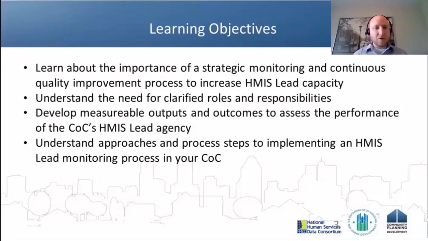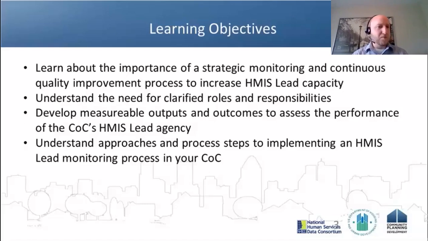So we want to think through what the HMIS lead's role is to support the capacity of all of their partner stakeholders. We also want to talk about the need for clarified roles and responsibilities. We know that a lot of HMIS leads take on a lot of different roles and responsibilities. Some of them are defined, some of those are formally codified into contracts or scopes of work.